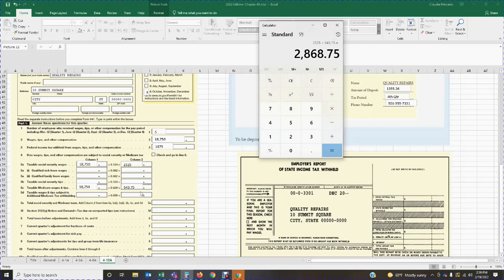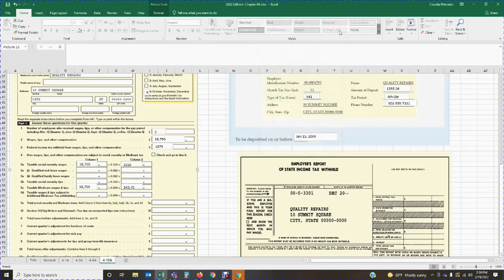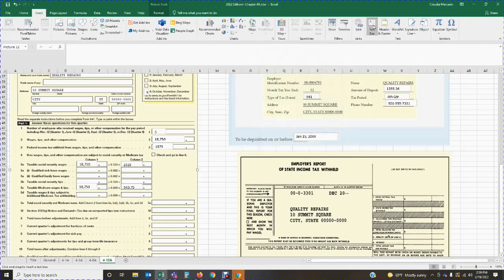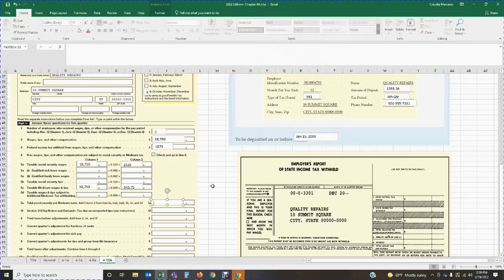So all I did was add these 2 numbers in column number 2.